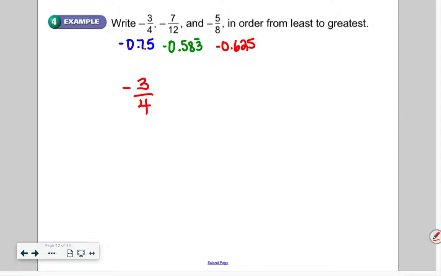Now which one? Negative 5/8. So the largest is actually a negative 7/12 because it's actually the closest to 0 when it's a negative. Remember on these, you have to switch your thinking when they are negatives.